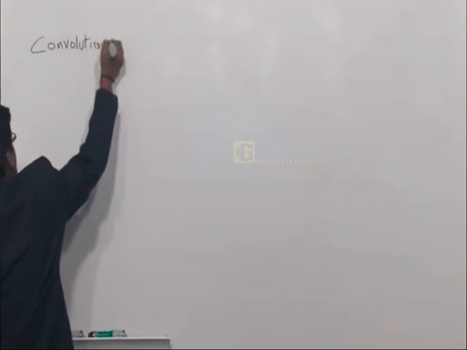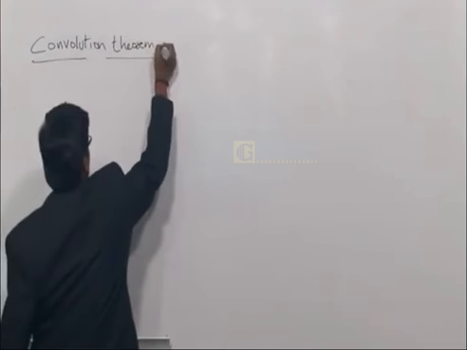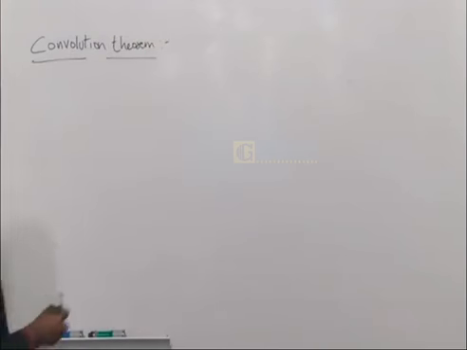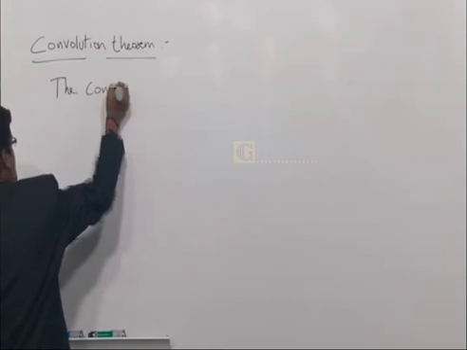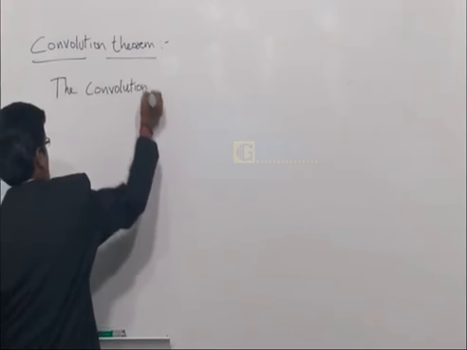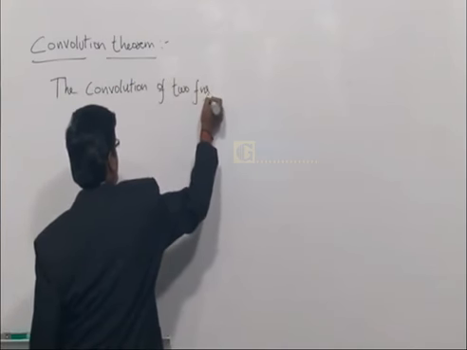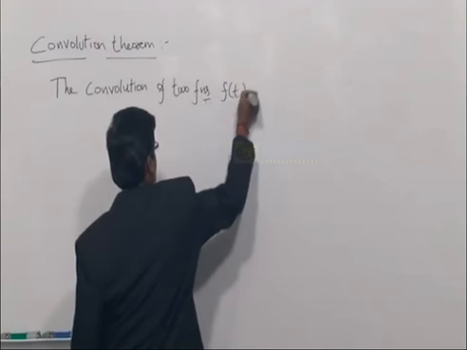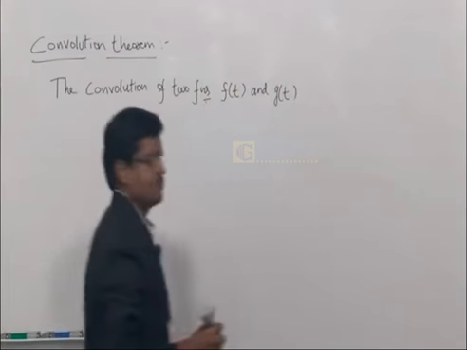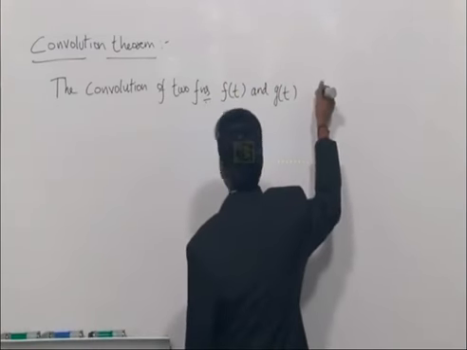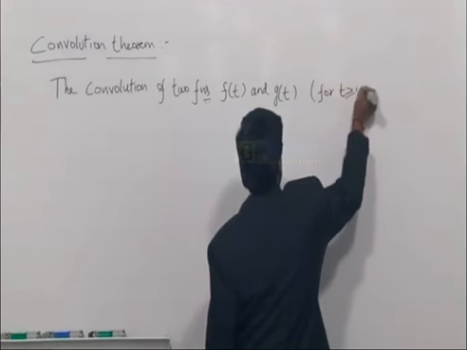Convolution theorem. The convolution or faltung of two functions f of t and g of t, for t greater than or equal to 0.